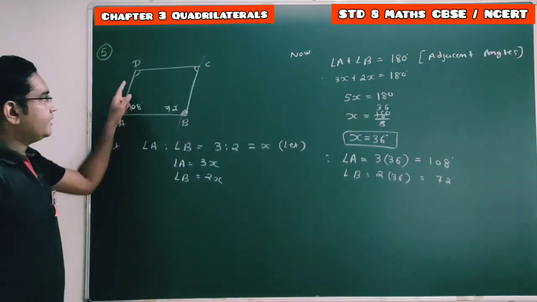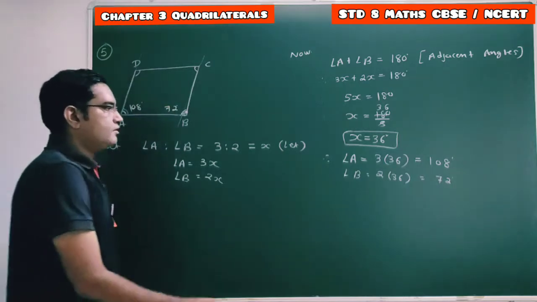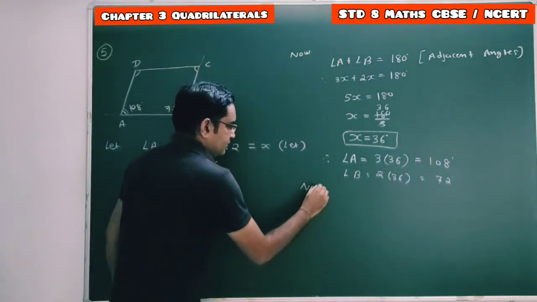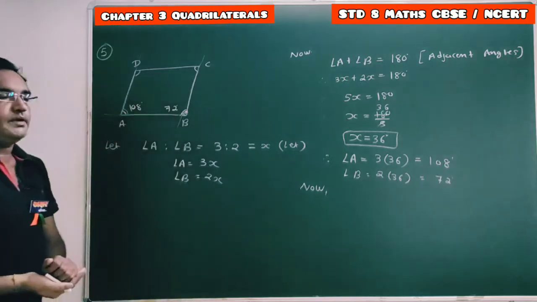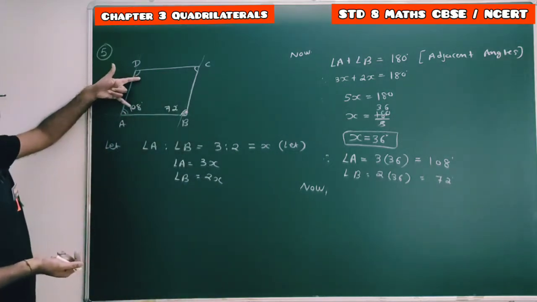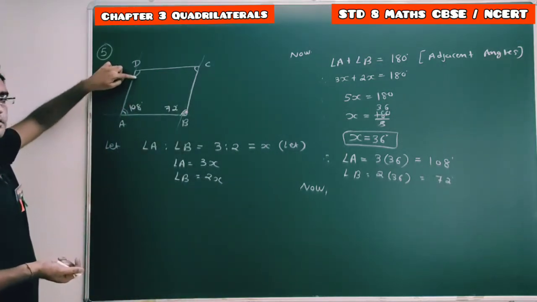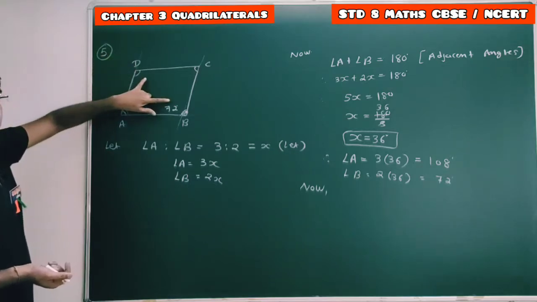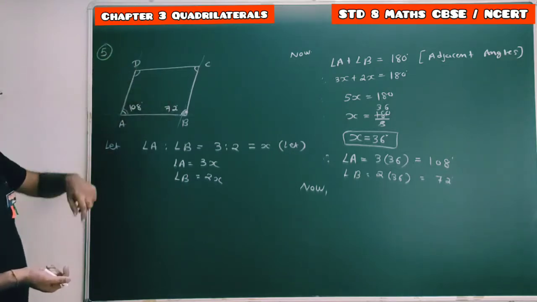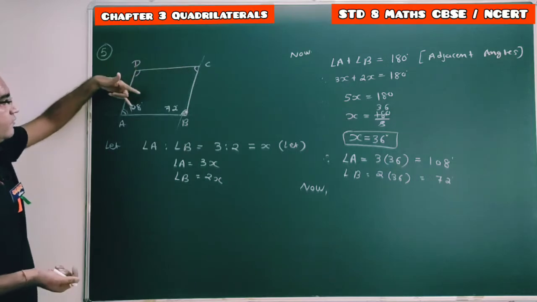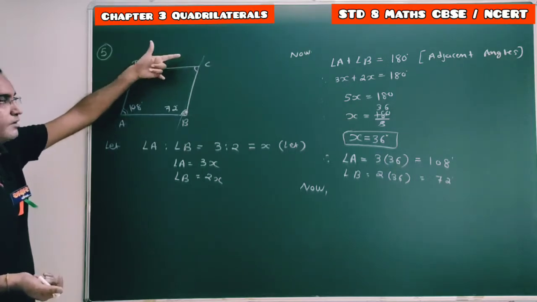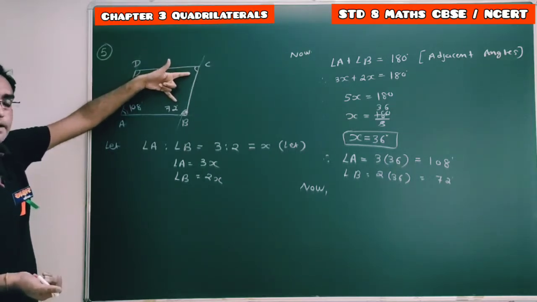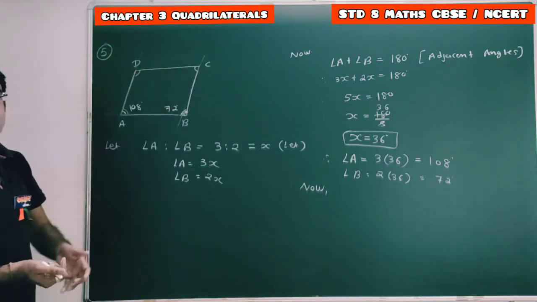Can we find the remaining two angles? Yes. By which property? This can be found by two properties. Adjacent angles are supplementary, so 108, this is 72. Opposite angles are equal, 72, 72. Opposite angles are equal, 108. Adjacent angles are supplementary, this is 72, this is 108.